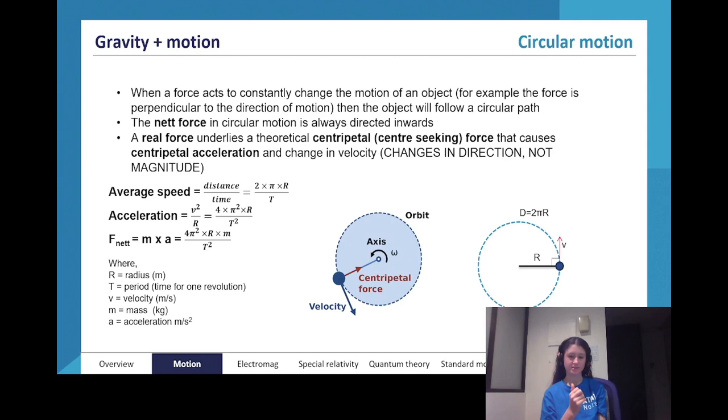How are you accelerating inwards towards the center of motion if you're moving in a different direction?